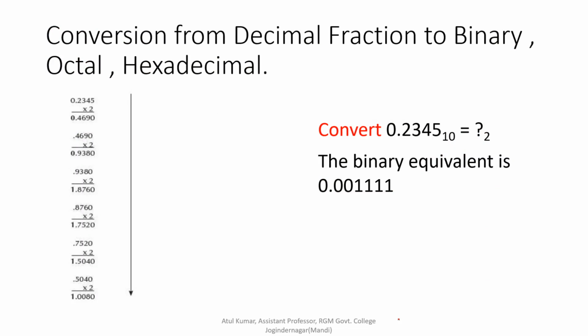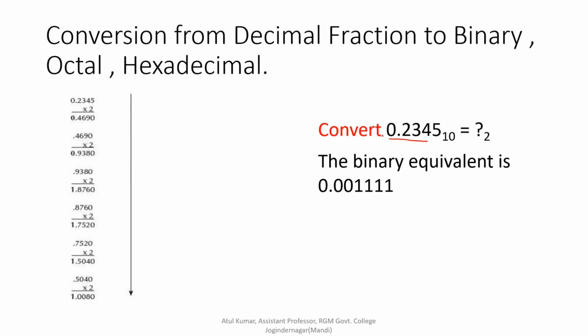Next, now we will see the conversion of decimal fractions to binary, octal and hexadecimal. In the previous example there are no decimal digits, but in this example we have a fractional value, so how to convert that into an equivalent binary, octal or hexadecimal.